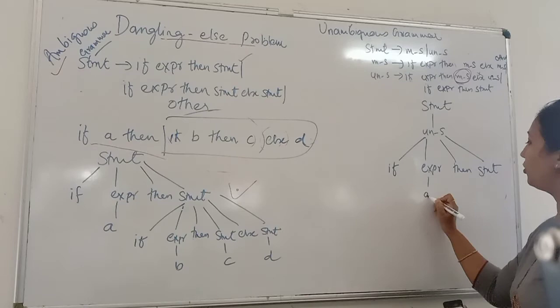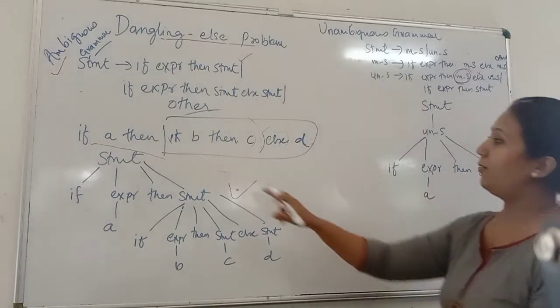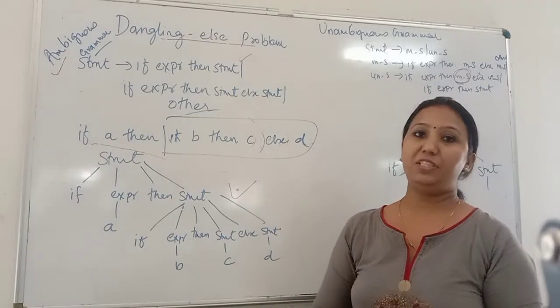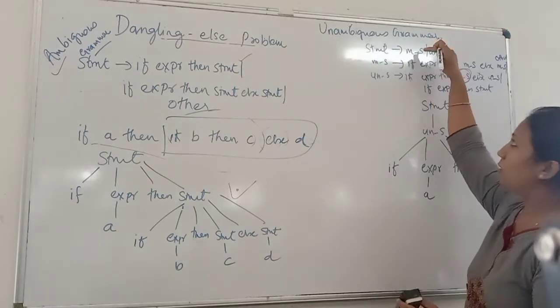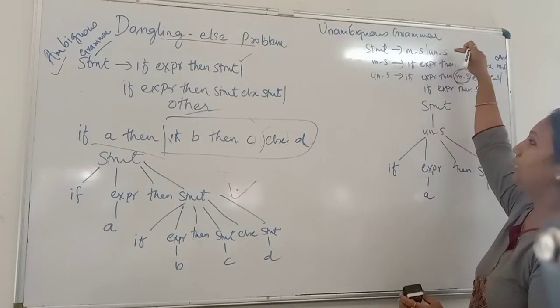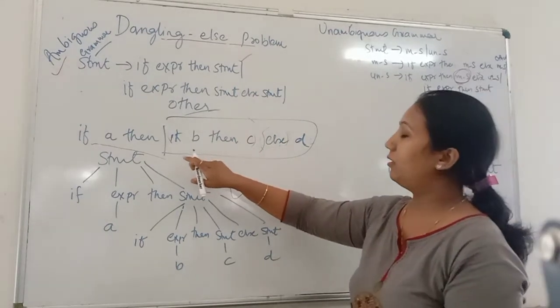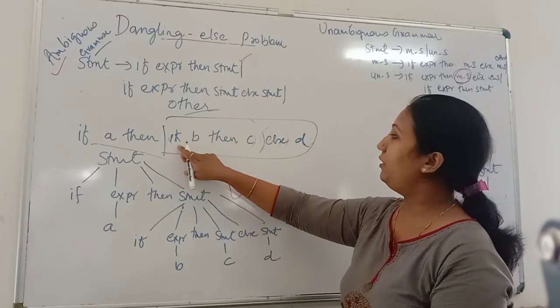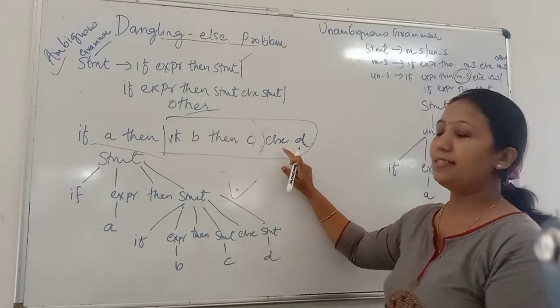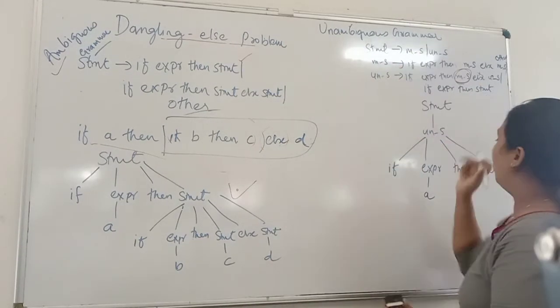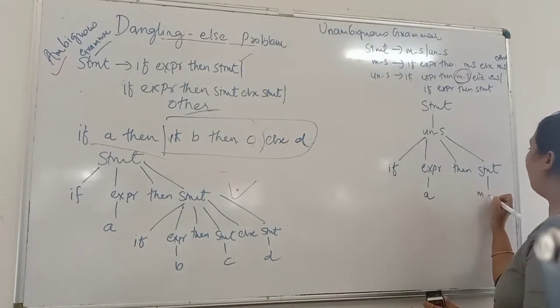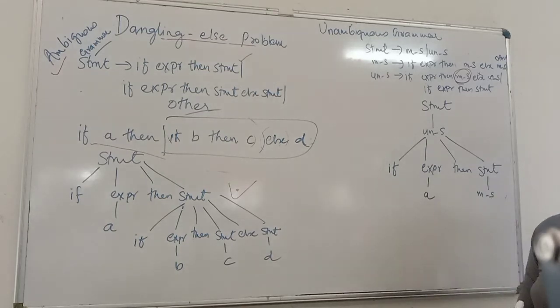Derive this expression to a. Now in this statement, calculate the number of if and else, because from statement we have two options, match statement and unmatched statement. The number of if is 1 and the number of else is 1, so this is categorized as a match statement. So let's write down match statement.